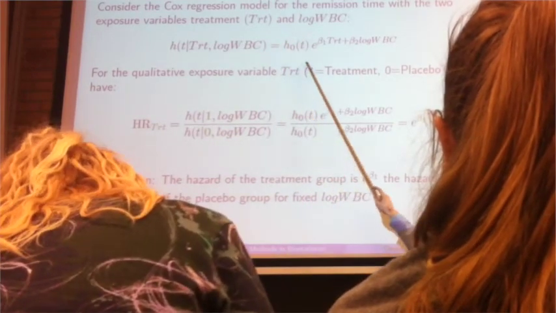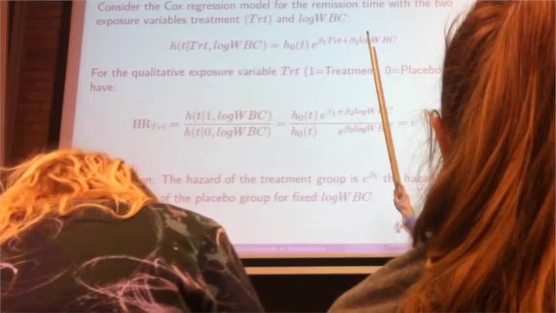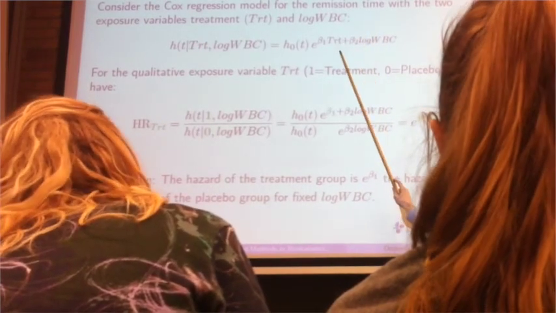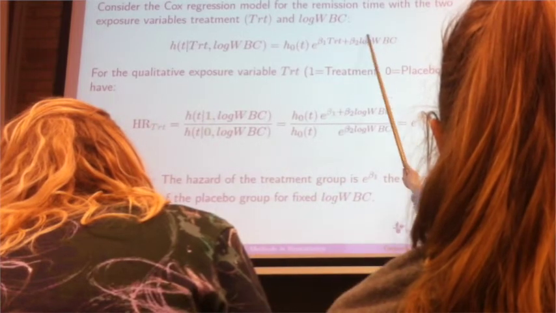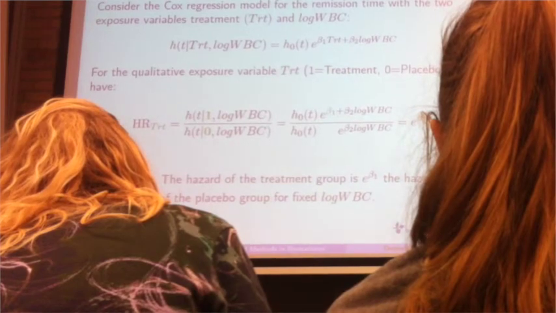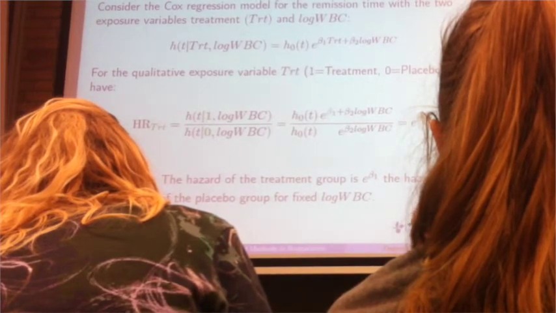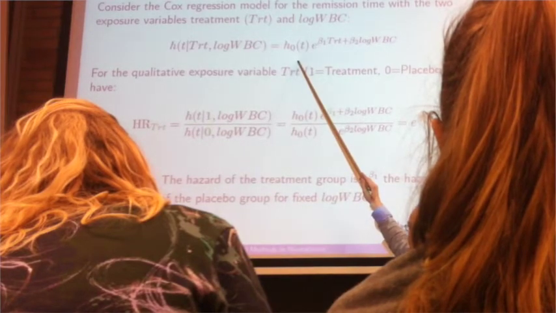If the logarithm of white blood count cells is 0 and the treatment is 0, this constitutes the reference subject. And for this reference subject, you have this baseline hazard.